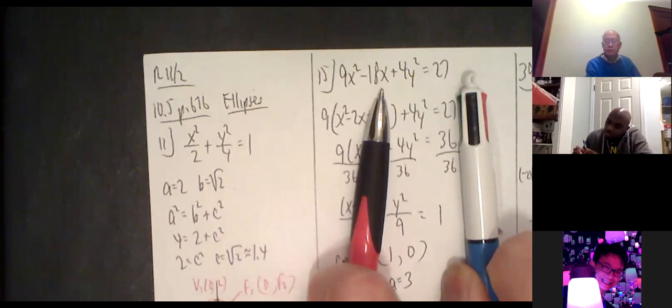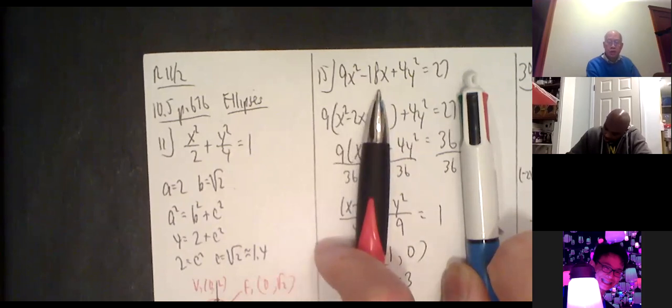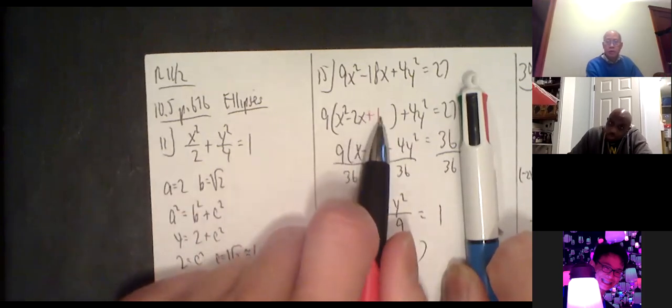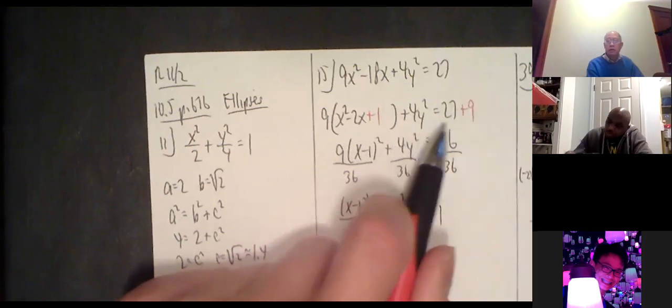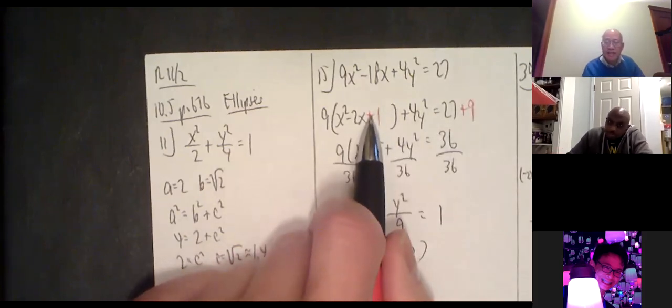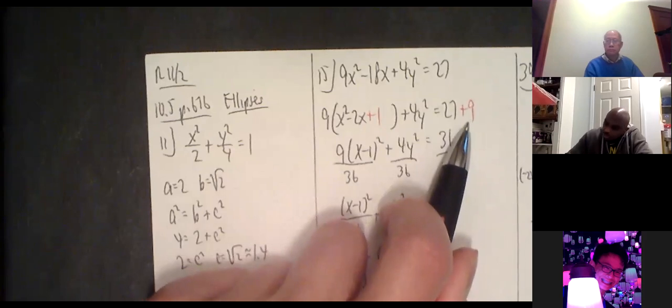Now I complete the square. Half and square. What's half of negative 2? Negative 1. Square it, 1. So in red, plus 1. But how come I put plus 9 here? Because when I put plus 1 inside the parentheses, you're really adding 9 to the left side. Okay?